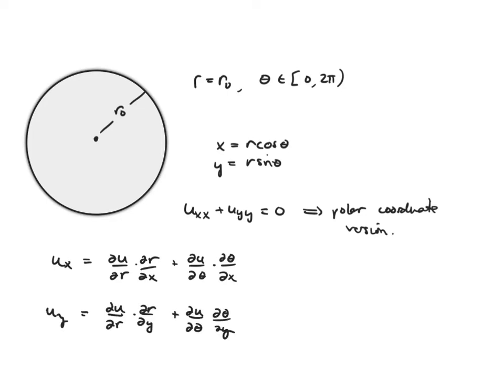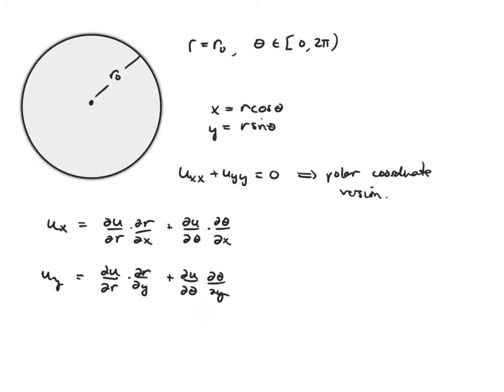Now, u sub r, u sub theta, those are things that we might expect to appear in the final equation. But we needed the derivative of r with respect to x and y, and derivative of theta with respect to x and y. And we did some work last class to obtain that, and we ended up with expressions for these two things.